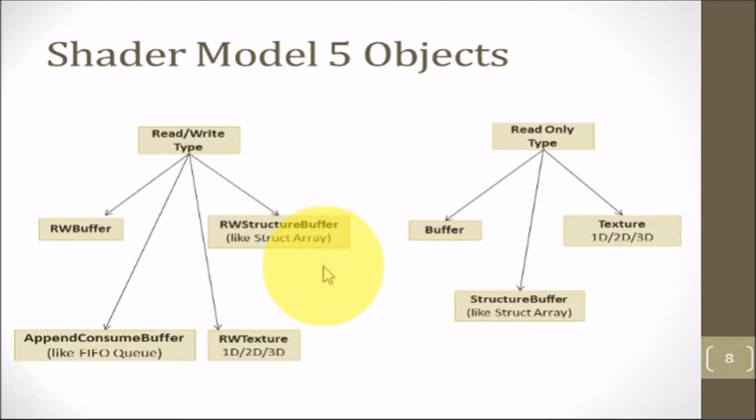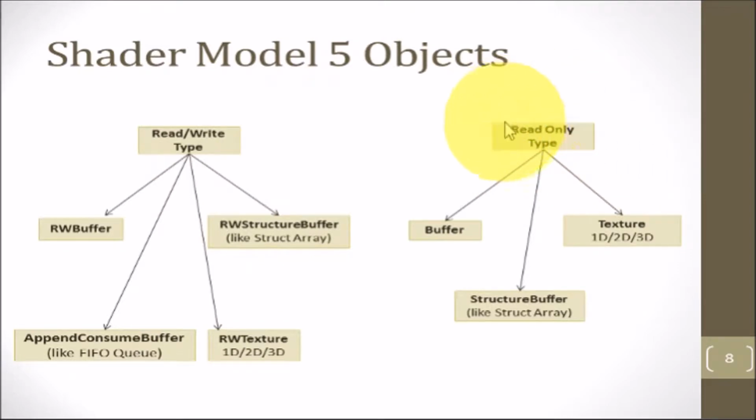This is much like a structure array in C++, where you define a structure type and then an array of it. This is really useful when we are implementing some complex algorithms where we need to define our data very precisely. This is something which is new to ComputeShader Model 5 objects.